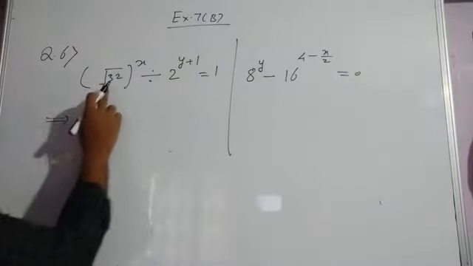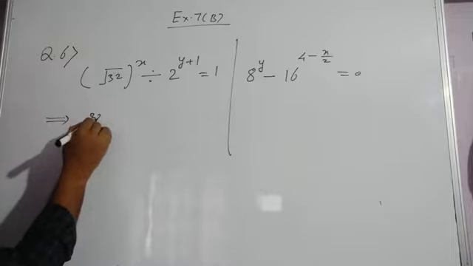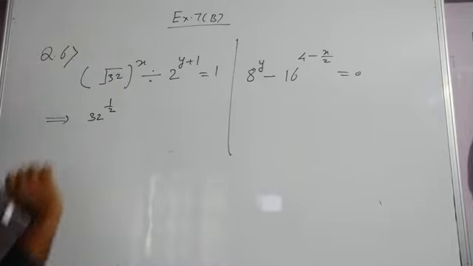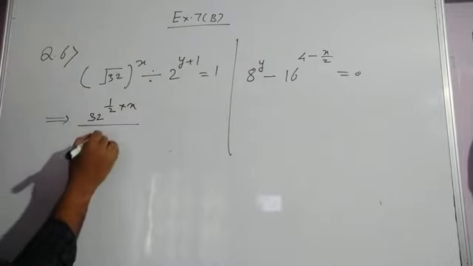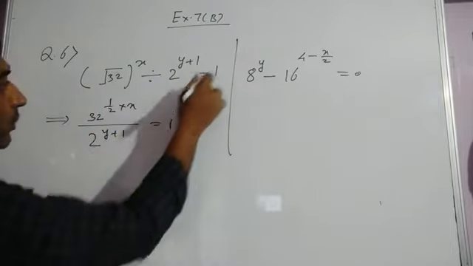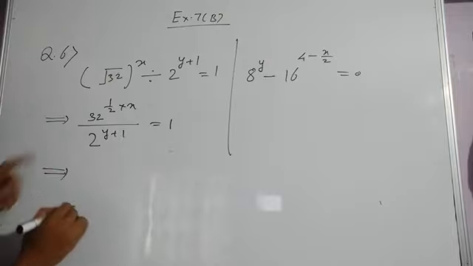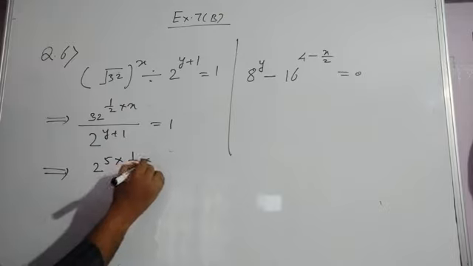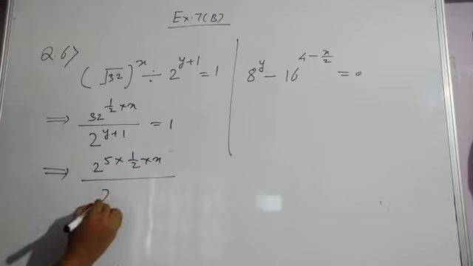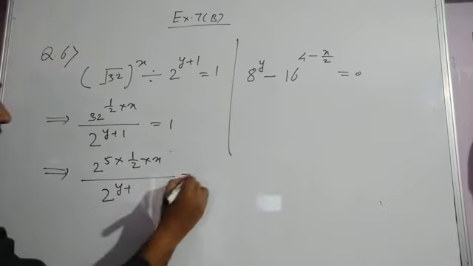Now here, this root 32 can be written as 32 raised to 1 by 2, isn't it? Into x. Can I write this divided by 2 raised to y plus 1 as it is equal to 1. Now you all know 32 is nothing but 2 raised to 5, into 1 by 2 into x, upon 2 raised to y plus 1 is equal to 1.